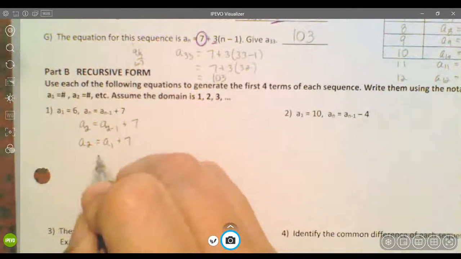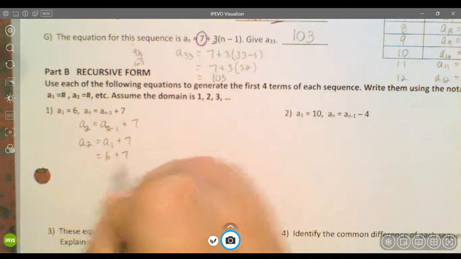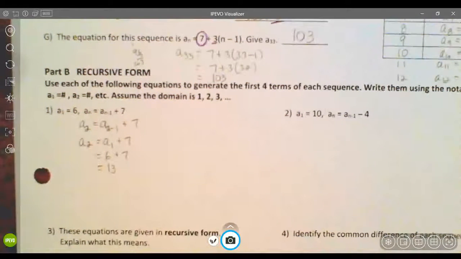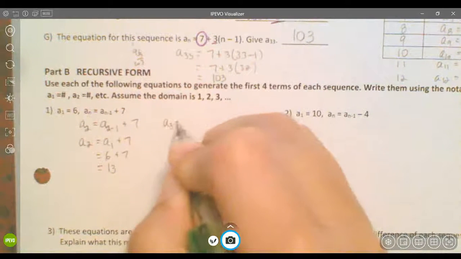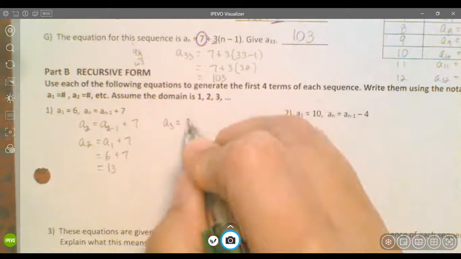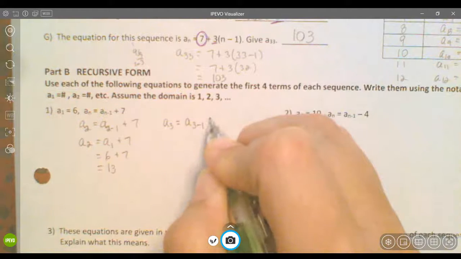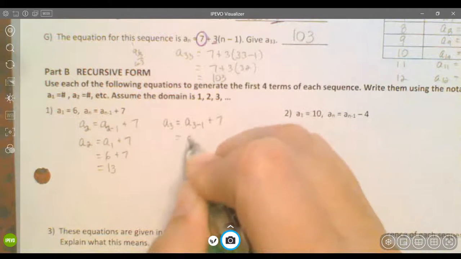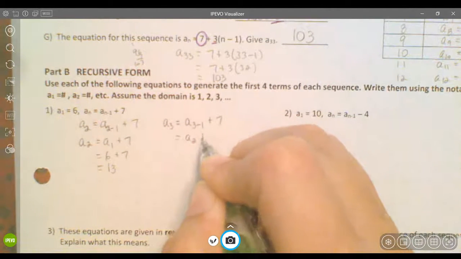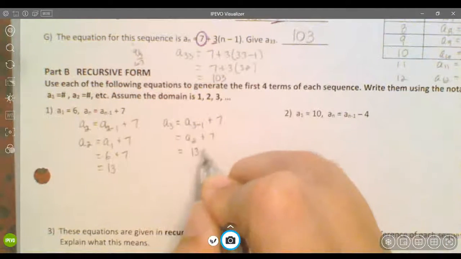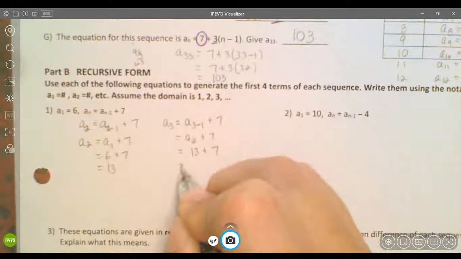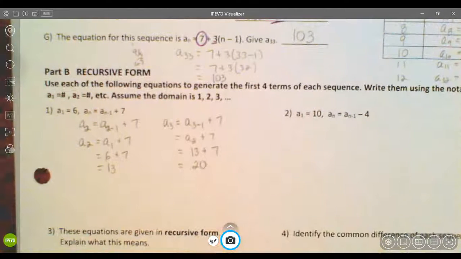What's a sub 1 in this problem? 6, and 6 plus 7 is 13. A sub 3 is a sub 3 minus 1 plus 7. That's a sub 2 plus 7. What's a sub 2 in this problem? 13. And we get 13 plus 7 is 20.